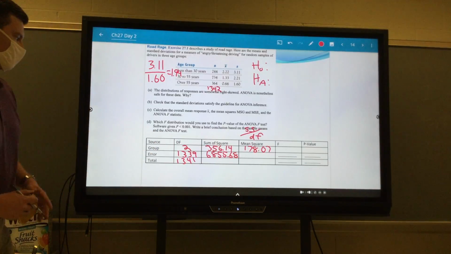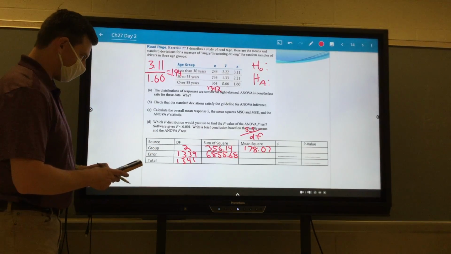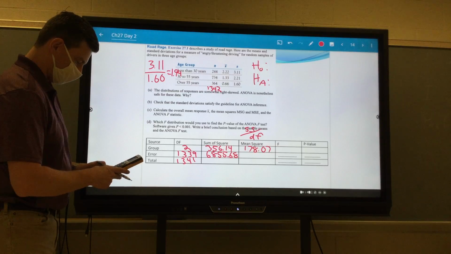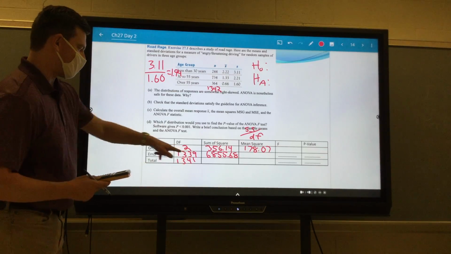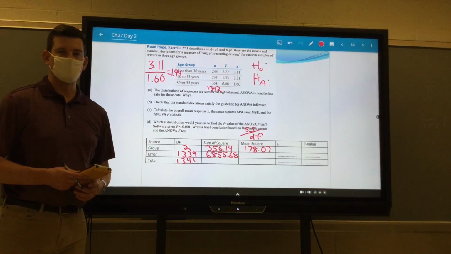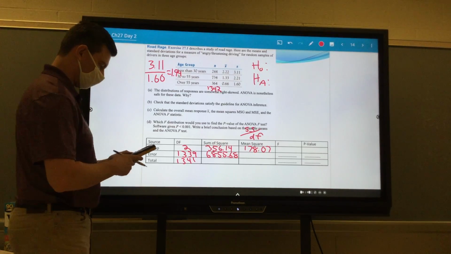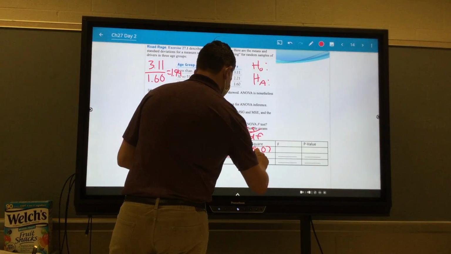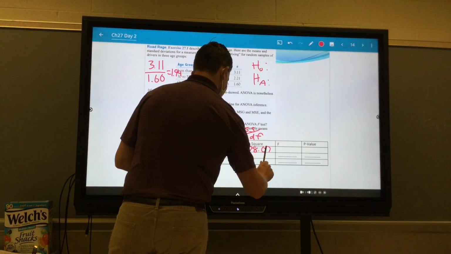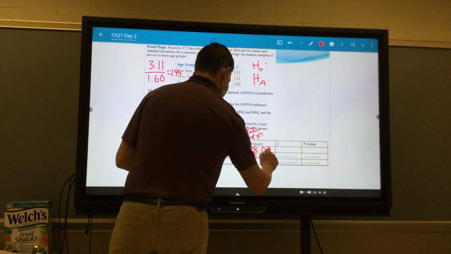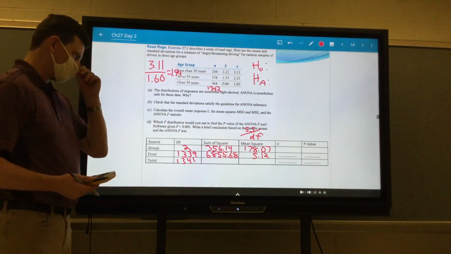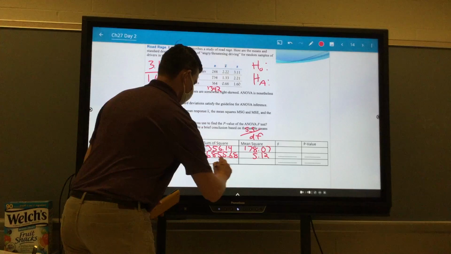And in our denominator, our error group, 6855.68, divided by our 1,339 degrees of freedom. So divided by 1339, we get 5.12. You don't need to work out these totals here.